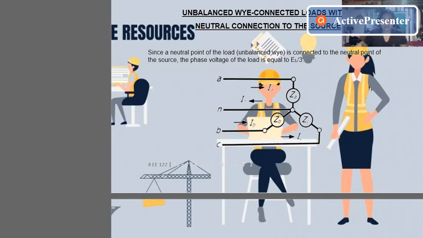Since the neutral point of the load or a balanced Y is connected to the neutral point of the source, the phase voltage of the load is equal to EL divided by square root of 3. Since the previous one had no neutral point connection, here in our topic we have our N, which is the neutral point. So we have our IN in Y-connected loads.